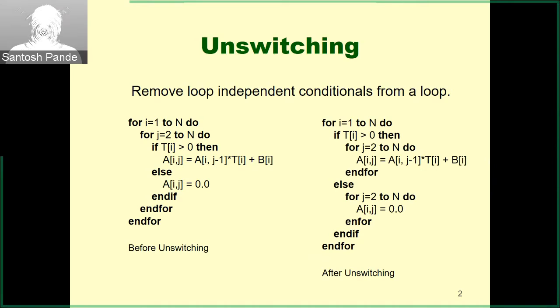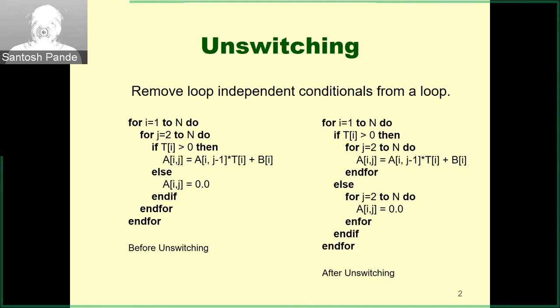So how do we decide on this? First of all, we have to find out if there is any branch at the deepest level which is independent of the loop nest, and we just move that out and then push the loop nest inside for the respective ends of the branch.